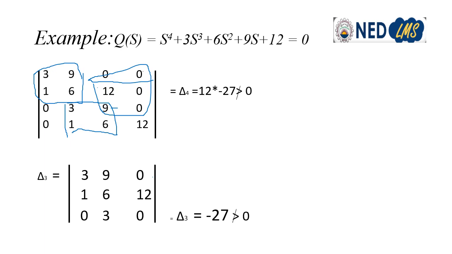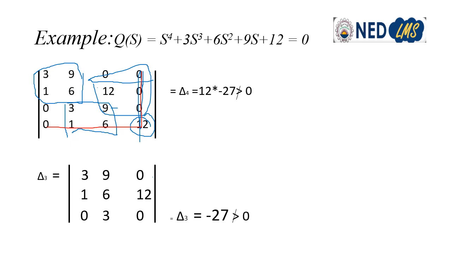So here minus plus minus plus. So this is actually plus 12. When we expand, this will become plus 12, and when we expand by this column, we do not consider this row, we cancel it, if you have remembered, and we cancel this column also. So the determinant of order 3 by 3: 3 9 0, 1 6 12, 0 3 9. When we calculate this del 3, we get that del 3 is minus 27.